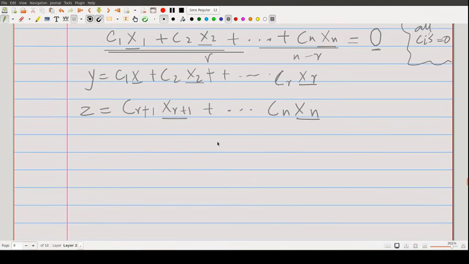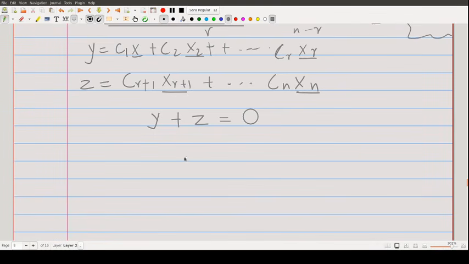So I've combined the first r of them into y, and the next ones as z, and so we have y plus z equals 0. And notice that what we will get is y equals minus z.